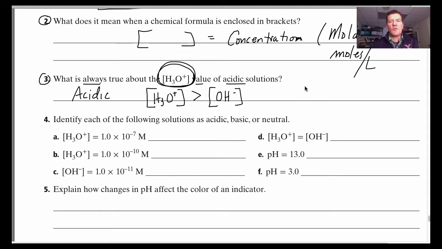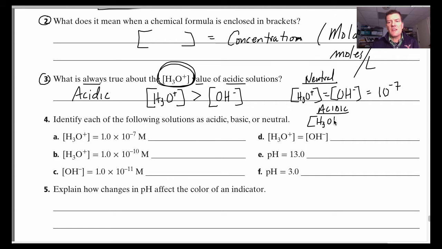And remember, when it's neutral, both of these are going to be equal to each other, and at 25 degrees Celsius, they are going to be equal to 10 to the negative 7. So if it's acidic, we may not know exactly what the hydronium ion concentration is, but we know it has to be greater than 10 to the negative 7. And that would force the hydroxide ion concentration to be less than 10 to the negative 7.